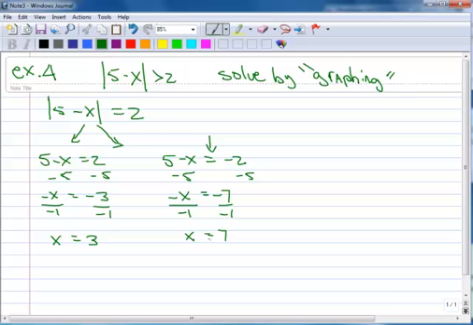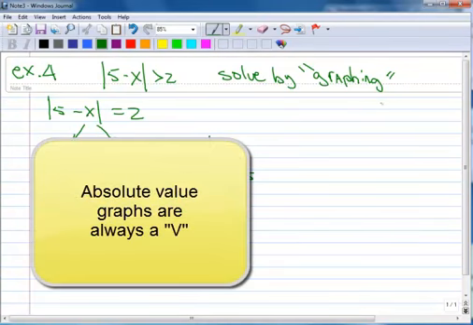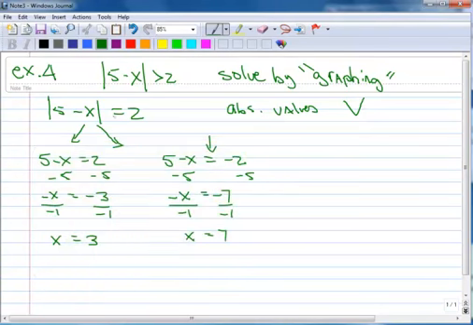Now this is how we do it graphically, on paper. You might know that an absolute value equation, when I graph it, is always a V. So we have two things to graph here. The left-hand side is going to be a V because it's an absolute value, 5 minus x.